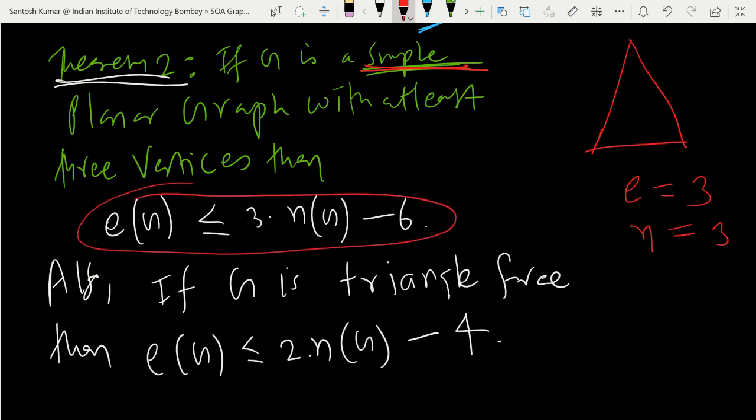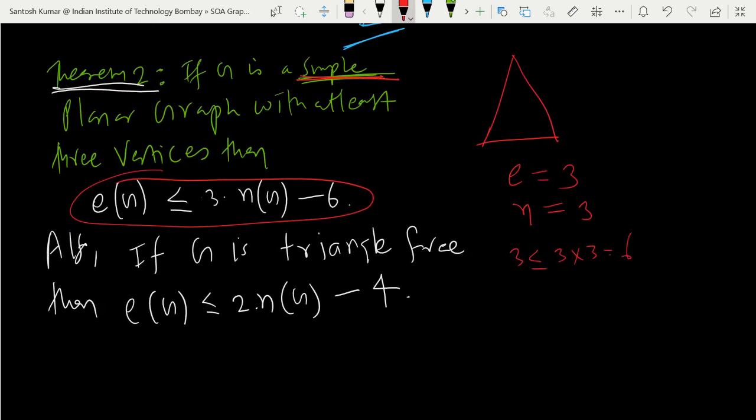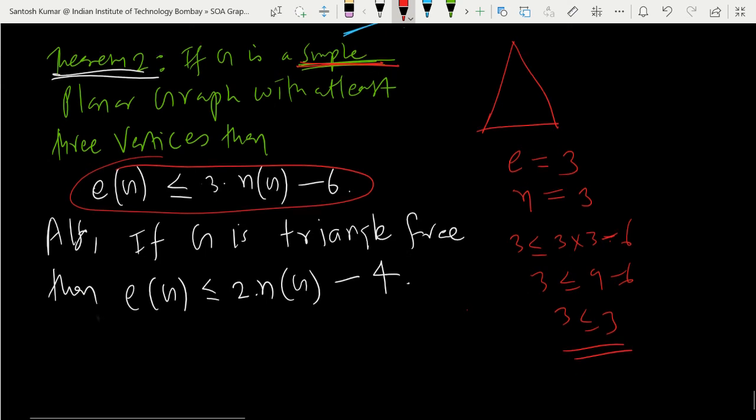It says E is less than or equal to 3 times n minus 6. So 3 is less than or equal to 9 minus 6, that is, 3 is less than or equal to 3. That is correct. In fact, equality holds.